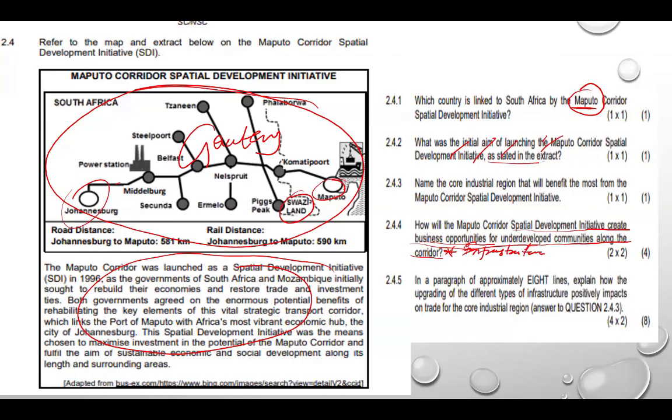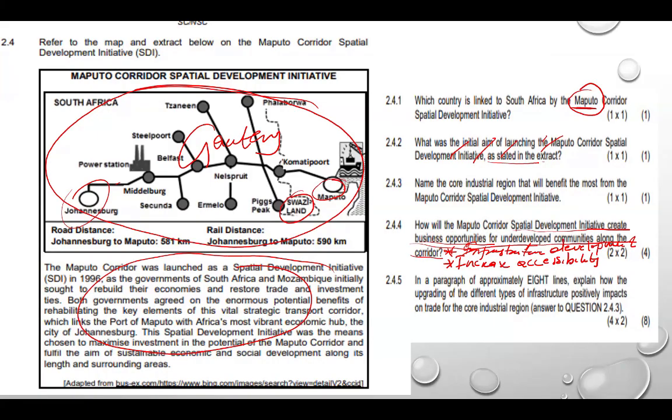With infrastructure development, that's number one. That's what we're going to get. It is going to increase accessibility of this area.